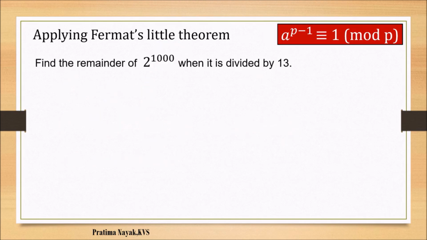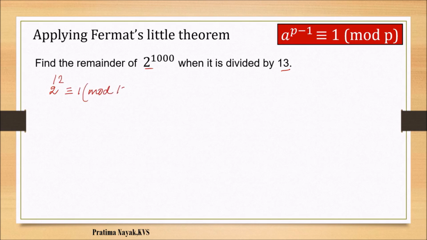Find the remainder of 2 raised to the power 1000 when it is divided by 13. So 13 is a prime number, and 2 and 13 are co-prime. So we can apply Fermat's little theorem. I can write 2 raised to the power 12 is congruent to 1 modulo 13.